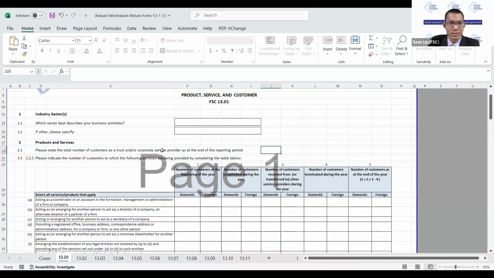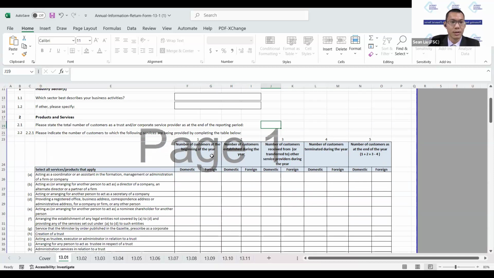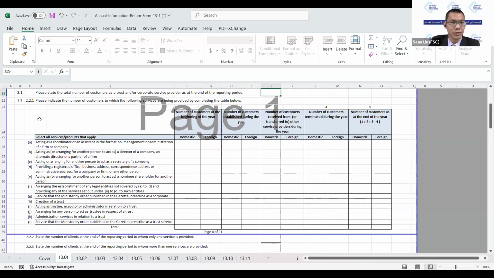Item 2 would ask the number of customers that you have at the end of the reporting period. Of course, the reporting period would be December 31st and the relevant year end. Item 2.2.1 will ask about the number of customers, specifically in the services and products.